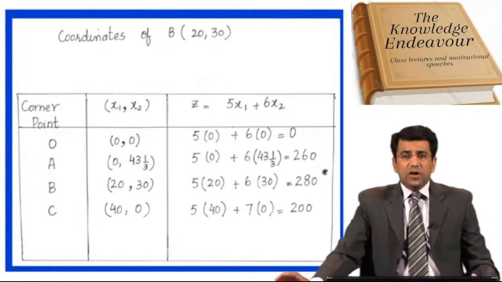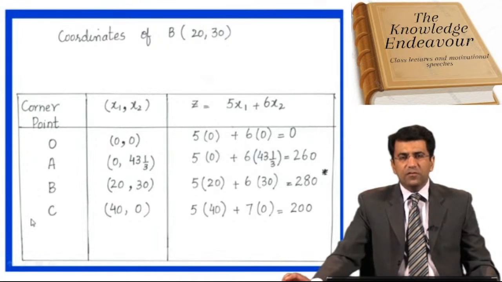Now up to now what we have done, we have defined our objective function, we have our constraint functions, then we solved these constraint functions by first converting them into equality. Then by putting the values of x1 and x2 one by one, we got the different points for these particular constraints, and then we found the point of intersection of both of these lines.